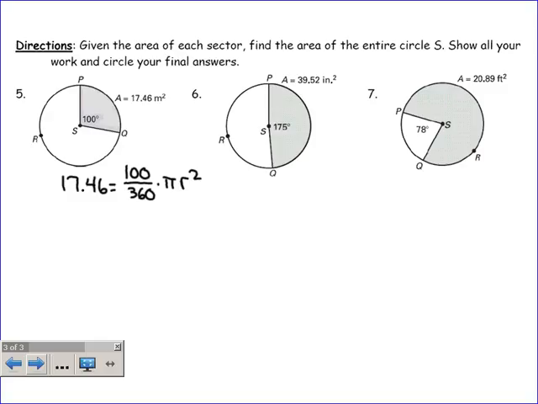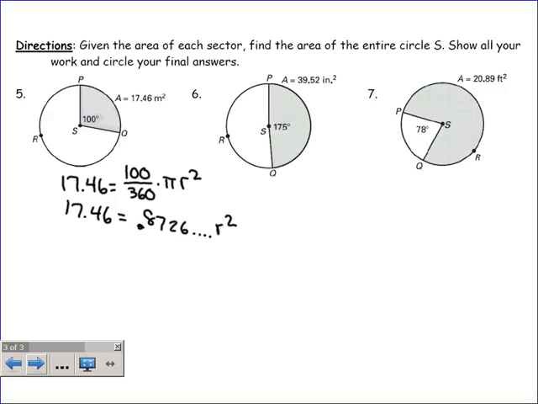It's probably an okay idea to have decimals with this, because that's kind of what things are looking like they're going to be. So if I take 100 divided by 360, what do you get? Yeah, 0.2777 something, whatever it is. I'll multiply that by pi as well, just using the pi button. And I have something like 0.8726 r squared.